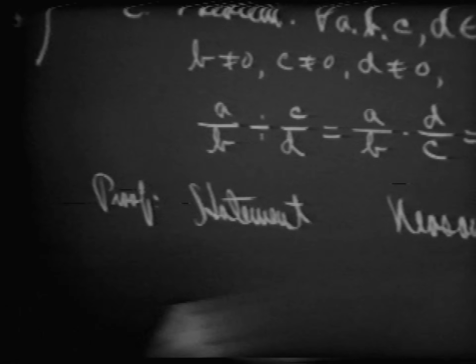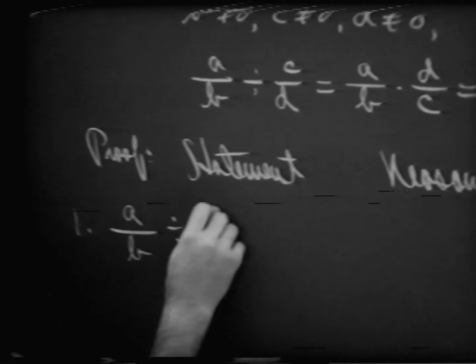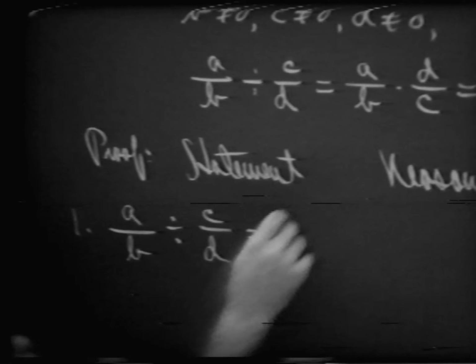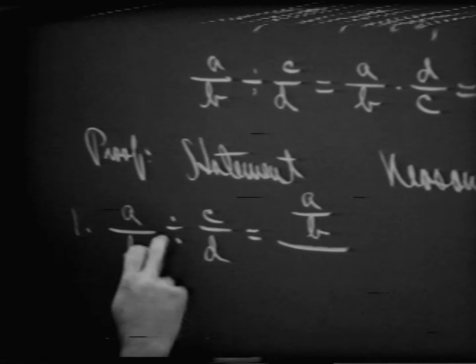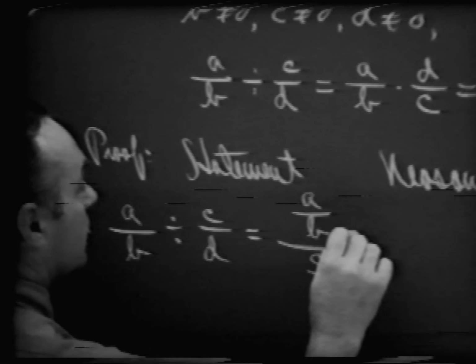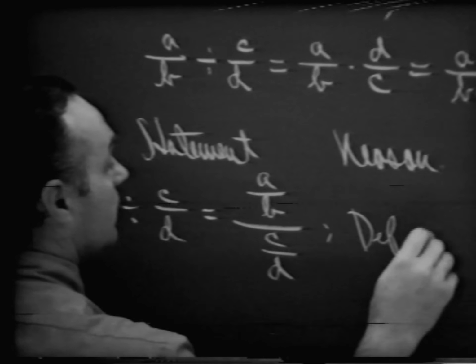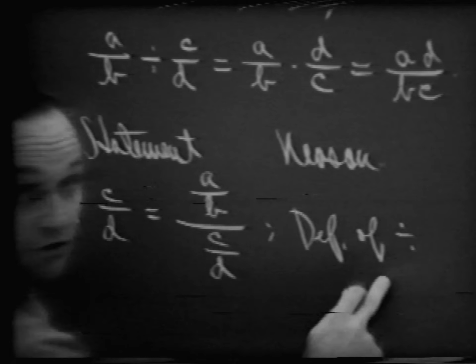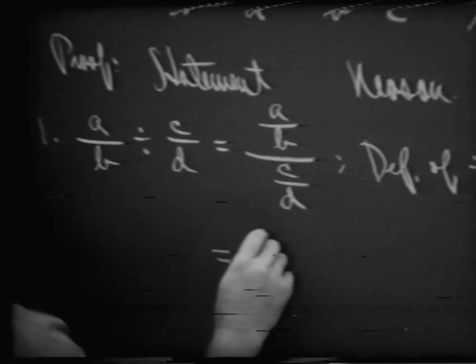Here is our statement and the reason for that statement. Let's start out with the left-hand side, and let me use this division symbol and go back to one of our original meanings of that symbol, and let me simply give, for the reason here, the definition of division. Now, looking at this right-hand side, how may we write that?